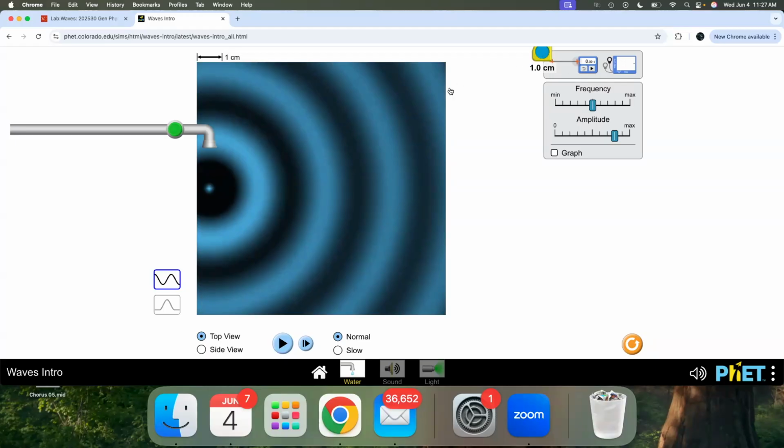So I could get out my little measuring tape here and measure the wavelength. Wavelength is the distance from one crest to the next. I don't know if that's perfect, but you can get the idea. Based on how quickly this thing is dropping water, that's my wavelength.